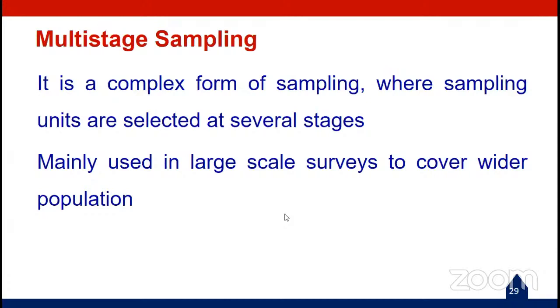If your population is wide, you can go for two-stage sampling, or you can go for systematic sampling, for example dividing into urban and rural, to cover a wider population. Mainly, the choice of sampling method depends on the size of the population and the resources available with the team.